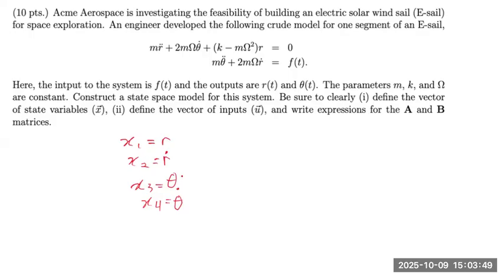We know that the input to the system is F(t) and the outputs are r(t) and theta(t). That's why we define it this way using the state variables.